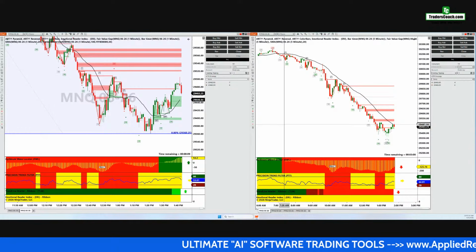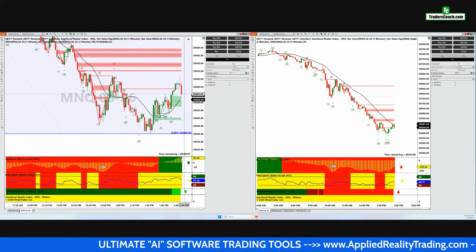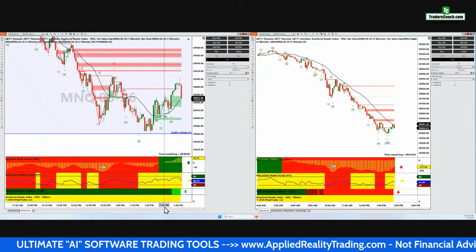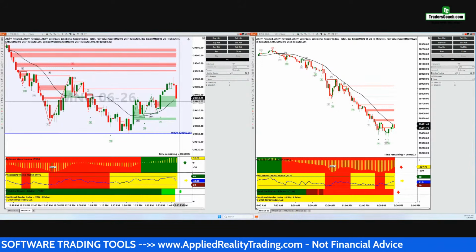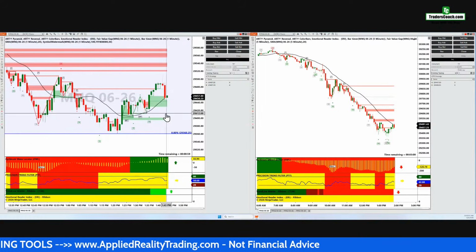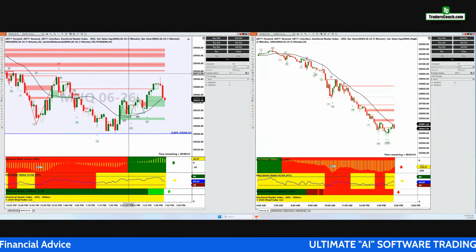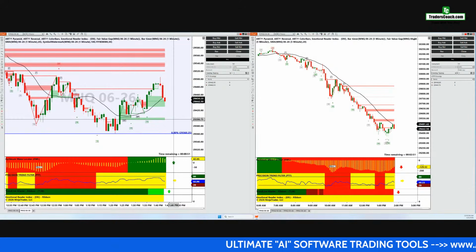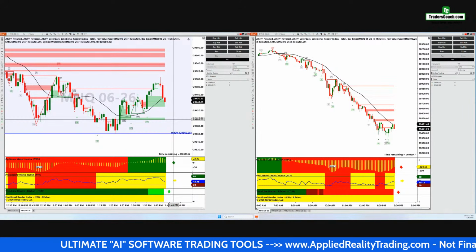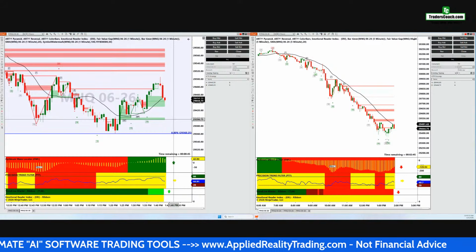Okay, here we come down. All right, let's see how far down this is going to go now. So they took liquidity here. I was hoping they'd take it here. They didn't quite get that high. All right, so let's see if we see rejection here.